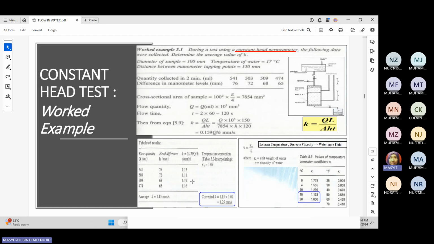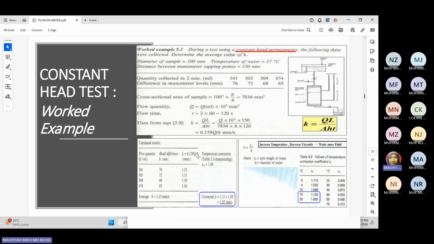So bila you tengok kat sini flow quantity dia dah letak lah daripada data yang dia perolehi. Kemudian head difference pun dia dah bagi L 76, 72, 68, 65. Kemudian kita nak dapatkan K. So dalam case ni, Q ni sebenarnya you boleh je substitute terus. Tapi untuk jadikan dia, tak nak kira 2-3 kali setiap 4 kali nak kena gantikan Q dengan the right value.